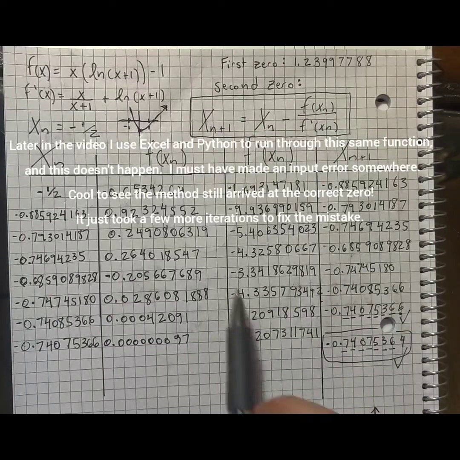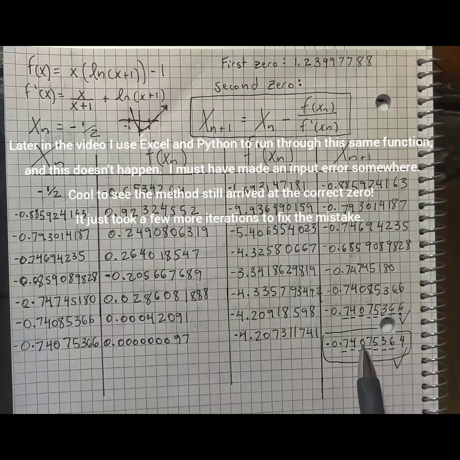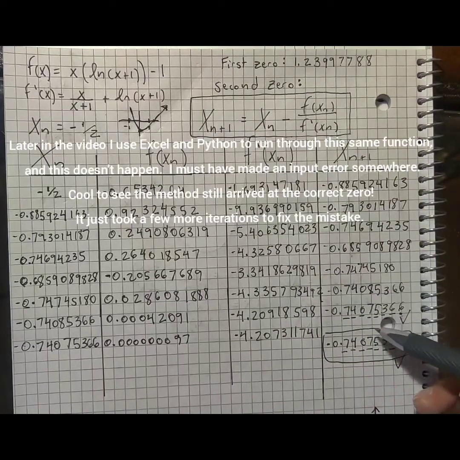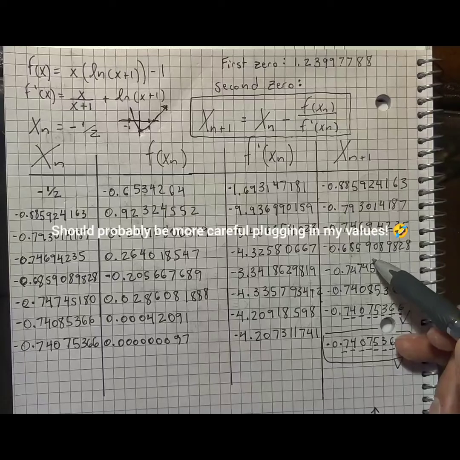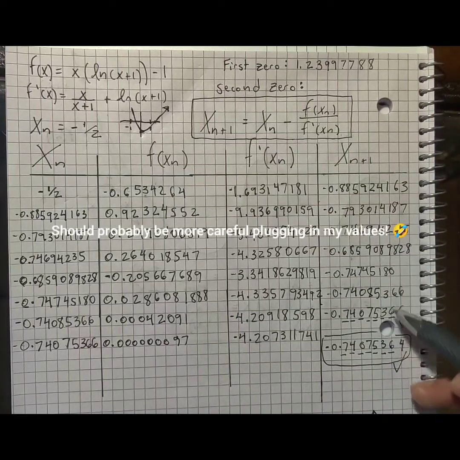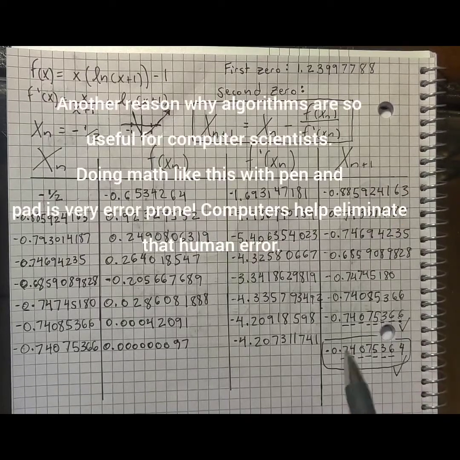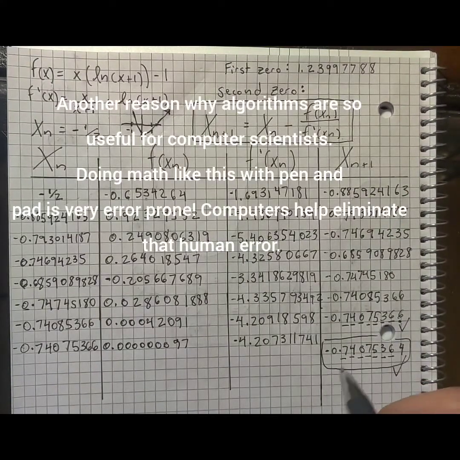And I don't know if that was just an error in how I was inputting this into my calculator, but I have noticed that on some other occasions you'll see it trending in one direction and then it'll skip over and correct itself. So that would be an interesting thing to look into as well, if that's just the nature of this method.